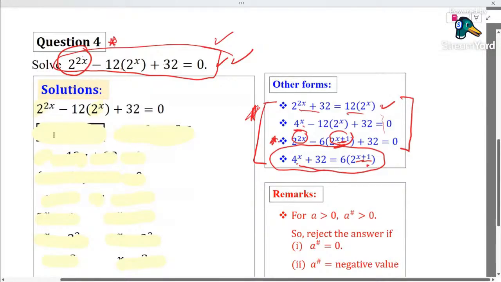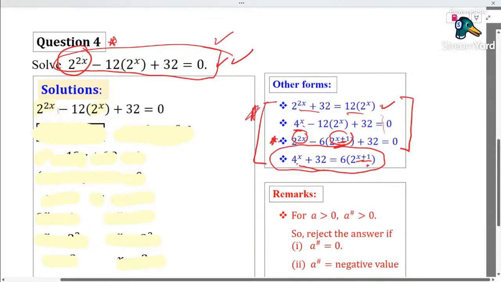For example here, power of 2x, power of x. 2x is 2 times the other. Sometimes the question doesn't give 2x and x. They give 4x, 2x, 2 times the other. 10x, 5x, 2 times the other, also possible. But most of the time, they just give the simple one, 2x and x. This is just one of the forms. Maybe there are some other forms as well. But this is the basic one that I need you to identify.